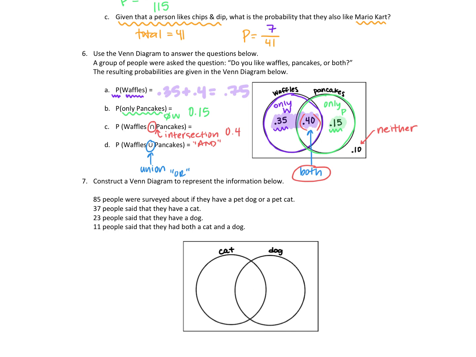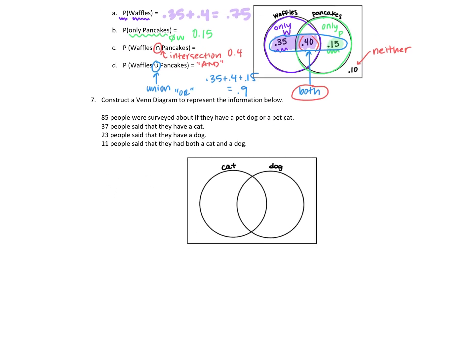We want to collect the entire probability that somebody said one of the two categories. So to find the union, we add up all of the probabilities within the circles: 0.35 plus 0.4 plus 0.15 gives a total of 0.9 or 90%.